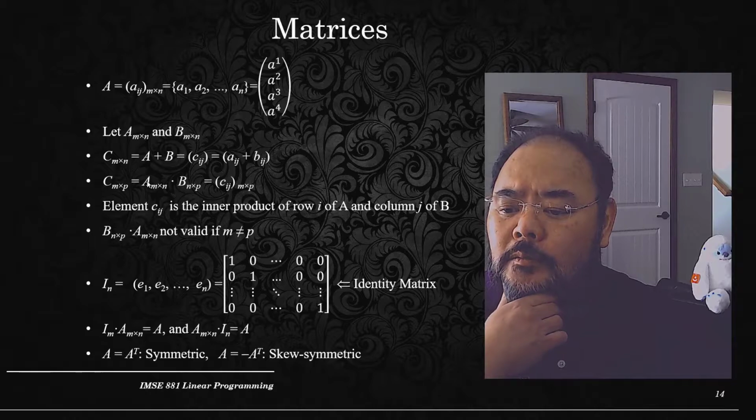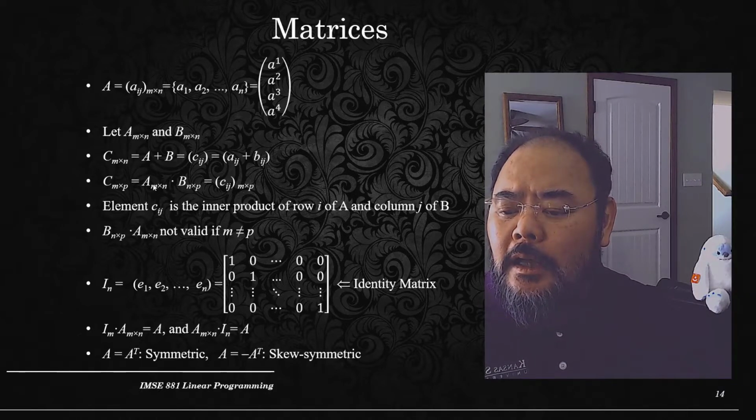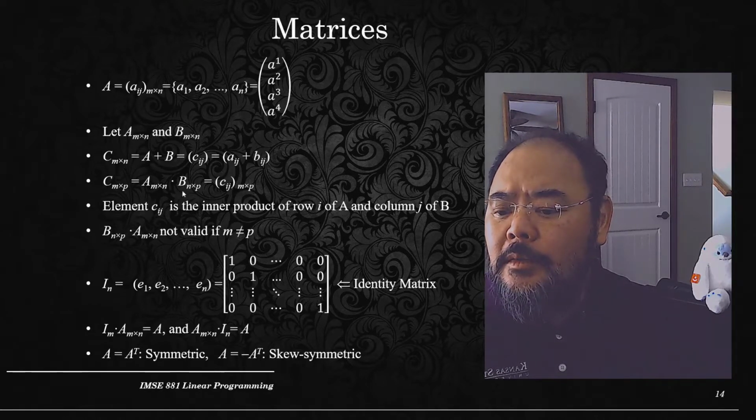If we want to do a multiplication of A times B, and A has a dimension of m rows and n columns, then B has to have n rows and p columns, and the result C matrix will have m rows and p columns, but the inner dimensions have to agree. Okay, so m times n, n times p, and the resulting C matrix will be an m times p matrix.